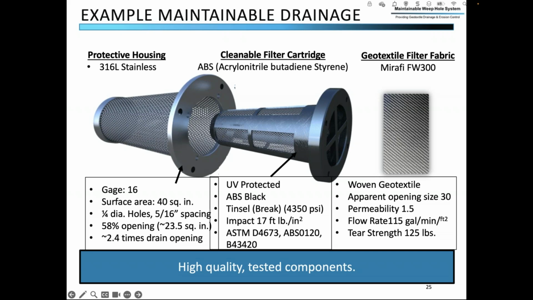Then inside is a geotextile filter cartridge that contains geotextile filter fabric. And this is the component that is intended to be removed, can be brushed off, and can be reinserted to maintain drainage performance. Then on the front side, there are face plates, and some have a backflow prevention valve on them.